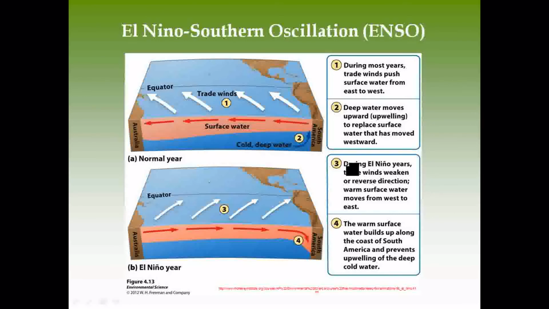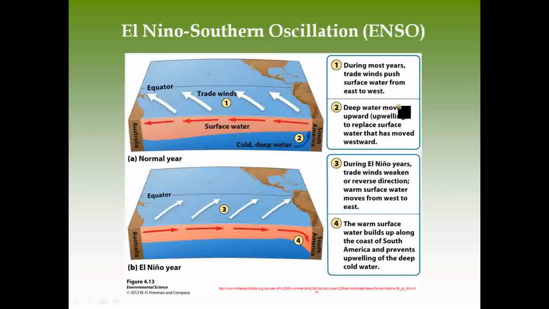All right, the other very, very important concept in this chapter is ENSO, El Nino Southern Oscillation. So what do you need to know about El Nino Southern Oscillation? First of all, where it occurs.